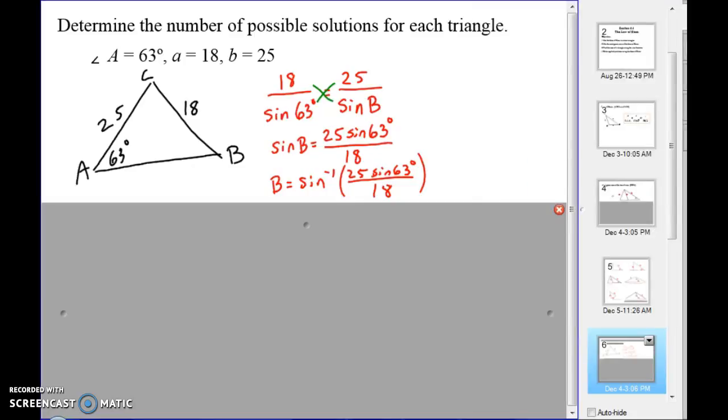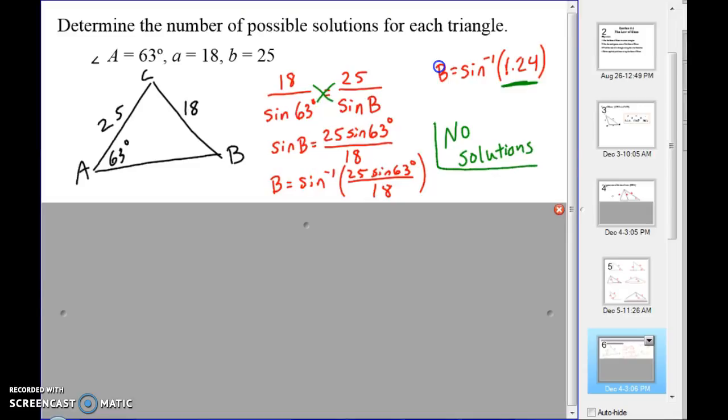So what I'm asking my calculator to do is inverse sine of 1.24, but remember that we cannot do inverse sine of numbers bigger than 1 or less than negative 1. So there is no angle that has a sine of 1.24, which means there are no solutions to this triangle.